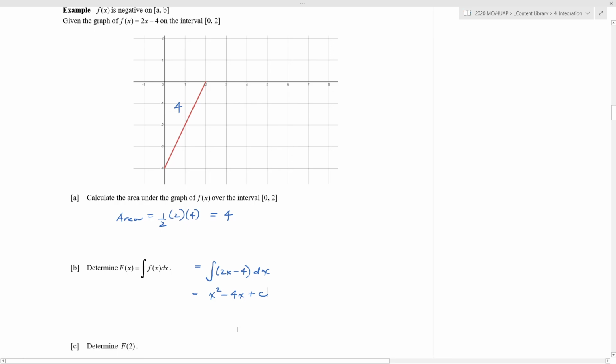So F at 2 is 2 squared minus 4 times 2 plus a constant, which is 4 minus 8 plus c, which is negative 4 plus a constant.